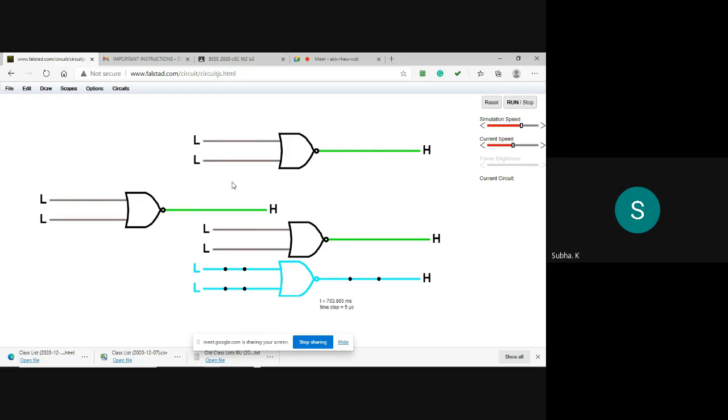So 4 times like this you copy. Somebody tell me the truth table. When both the inputs are low, logical OR means it will be logical addition. So output will be 0.